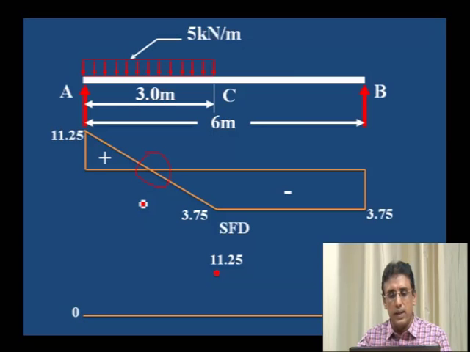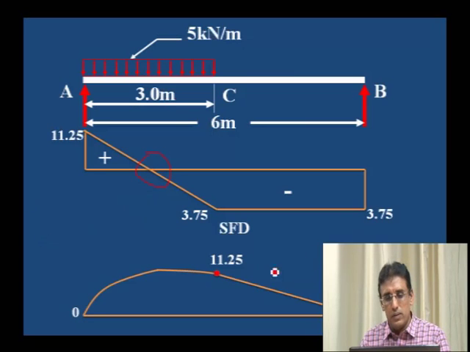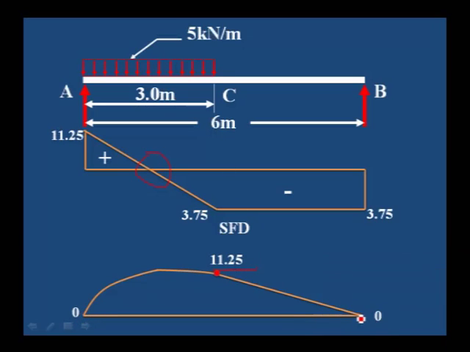Then to draw the bending moment diagram, you mark the point C at 11.25, and 0 at A and 0 at B. We join by an inclined line up to C, and then from C to A it should be a parabolic line, because where UDL is there, that portion we have to draw as a parabolic line. This is the point where we will get the maximum bending moment, which we will take up in the next session.